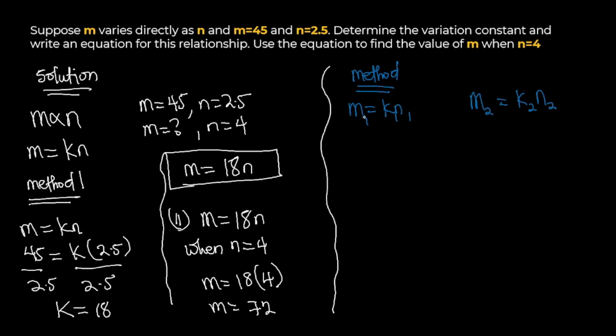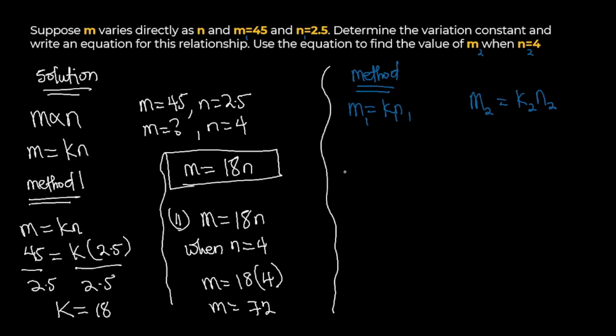We are using m1 k1 n1 and m2 k2 n2 because this is our m1, this is our n1, this is our m2, this is our what, our n2. So we want to find the relationship between m1 and m2 and then n1 and n2, and in that way we can be able to find what, m2.